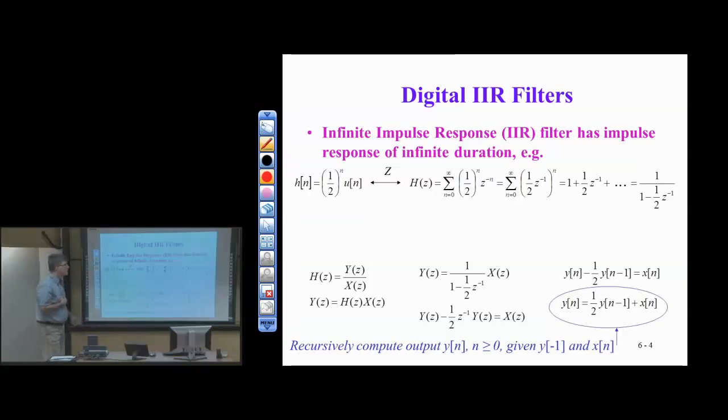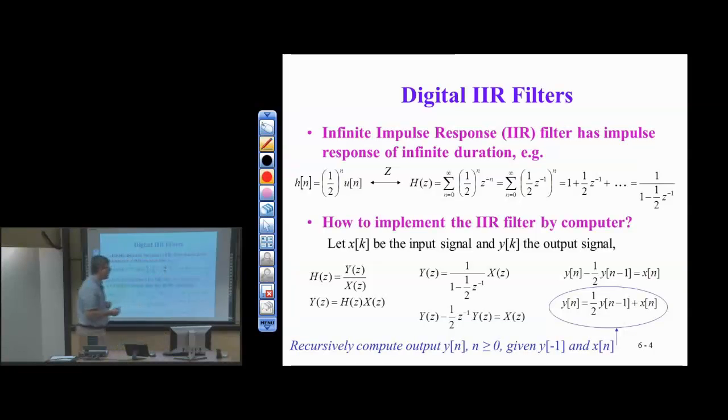An infinite impulse response filter has an impulse response that is infinite in duration. So the impulse response goes from some start point to infinity, and a start point for us is typically 0. Here's an example impulse response that goes from n equals 0 to n equals infinity. It's a very simple decaying sequence of 1/2.